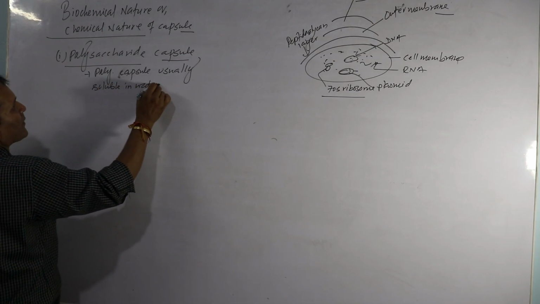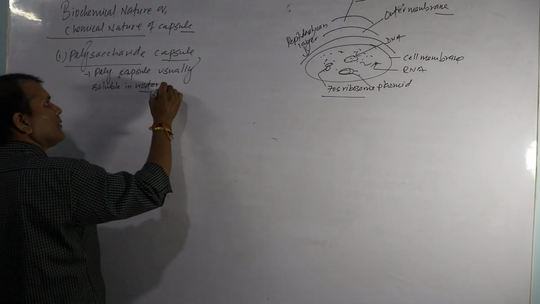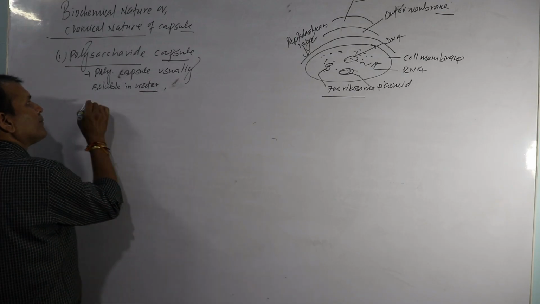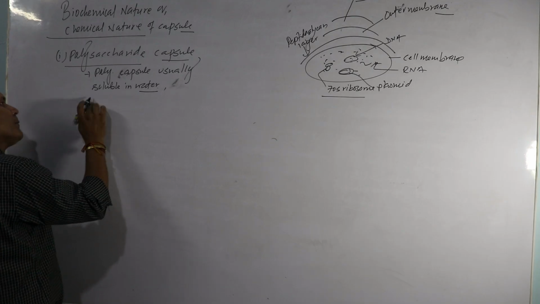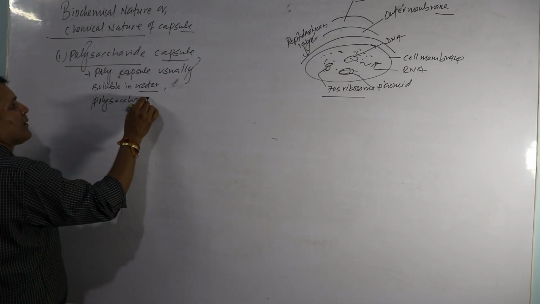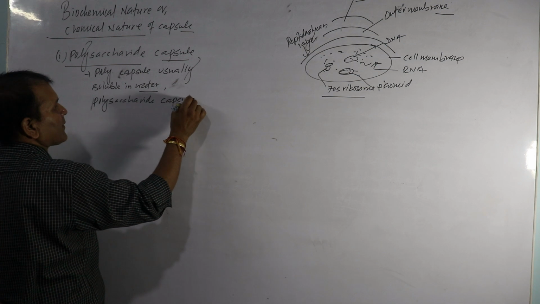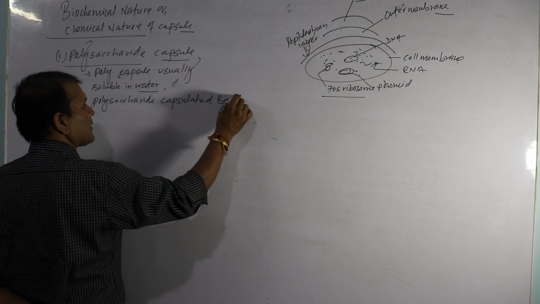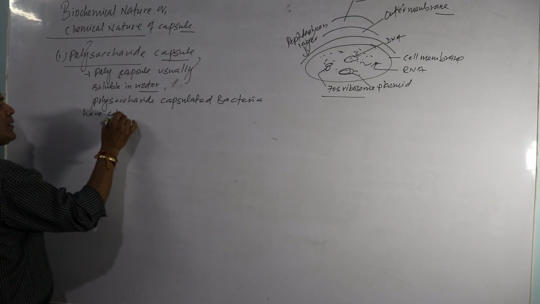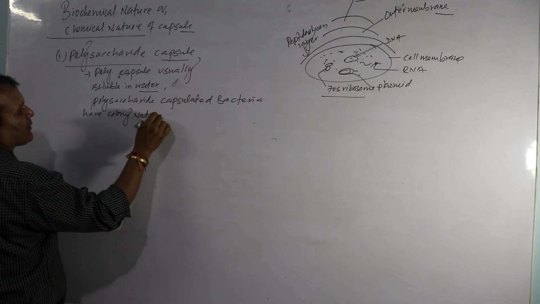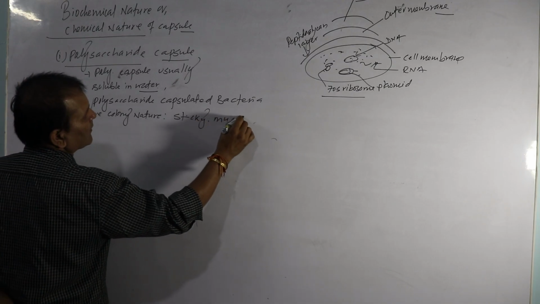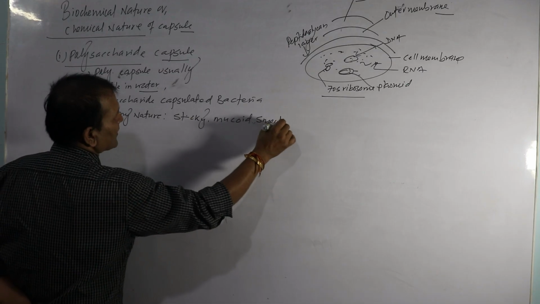And such types of capsule help in formation of sticky colonies. Polysaccharide capsulated bacteria have colony nature that is usually sticky, liquid, and smooth in nature.